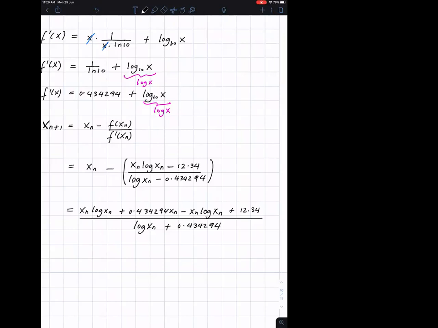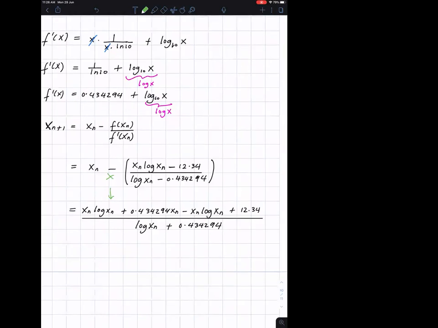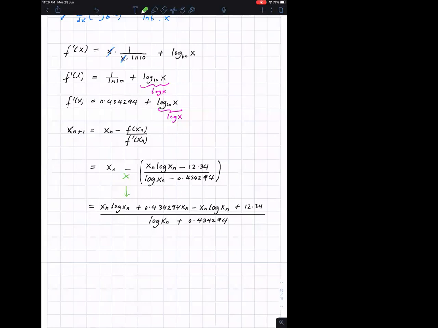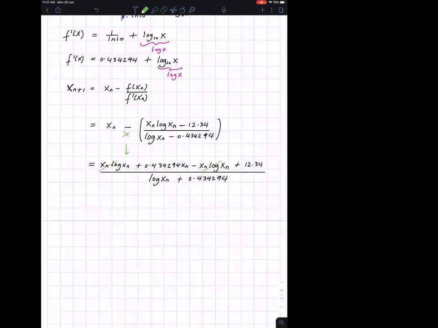If you cross multiply this, you'll get this. If we simplify, this and this will cancel.